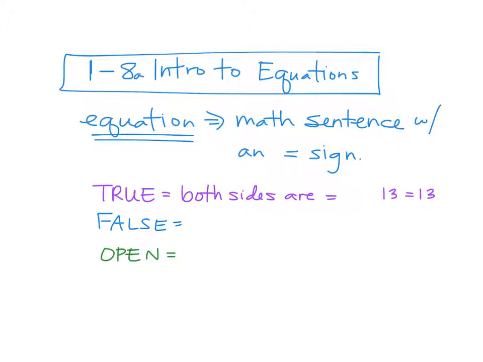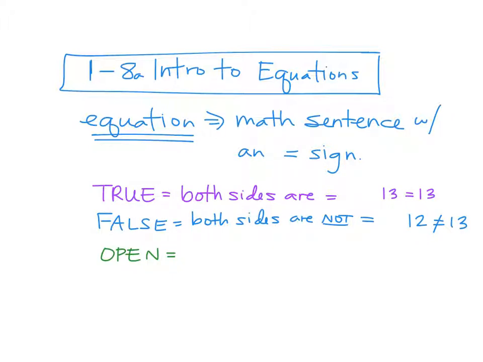A false equation is when both sides are not equal. So if I came up with 12 equals 13, that's not true, right? It doesn't equal 13. So that is a false equation. It will not work, okay?